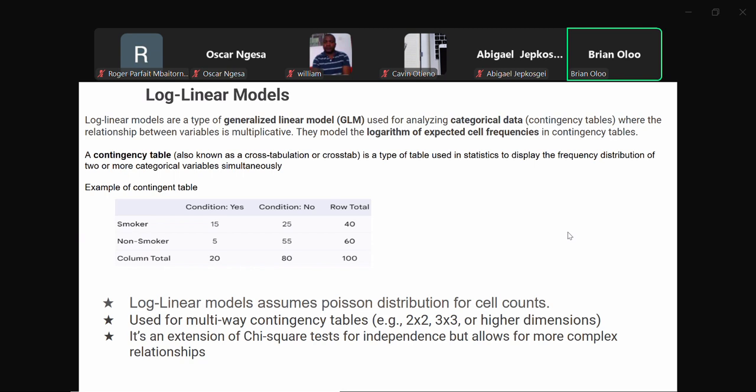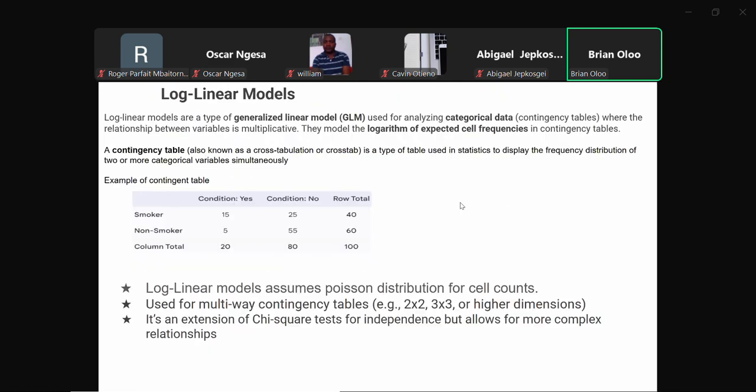So in this case, you will realize that log linear models assume a Poisson distribution for cell counts. These values 15, 25 are the cell counts, and it is used for multi-way contingency tables, e.g. 2 by 2.